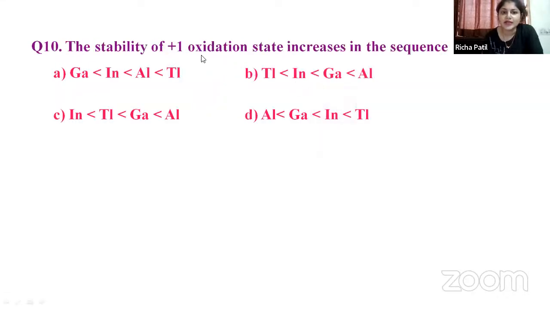The stability of +1 oxidation state increases in the sequence. Yes, I had discussed oxidation state. So can you tell me the sequence in which the stability of +1 oxidation state increases?